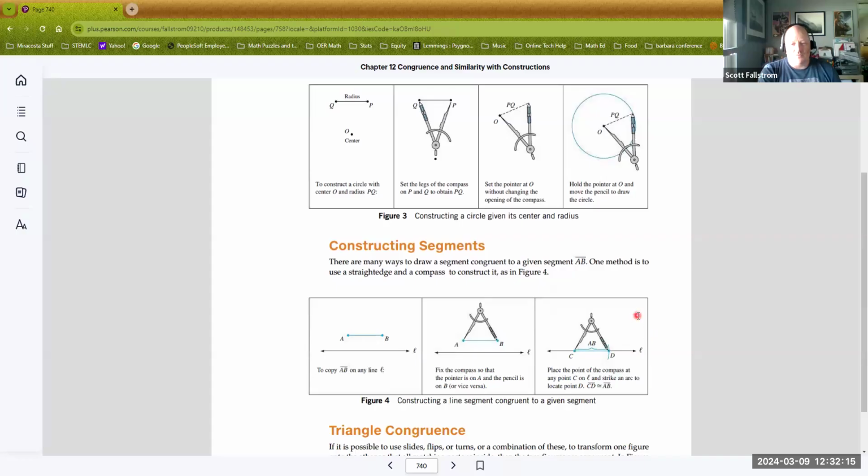Okay. If you want to construct segments, you have to have a segment length in mind. Again, use your compass to copy the length and then transfer it over to a line. Now, there is no line listed on point L. But remember, one of the rules is you can create as many points as you want on a line.